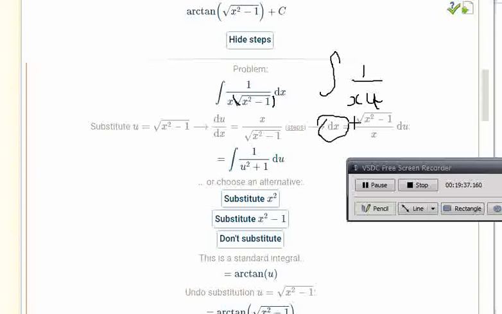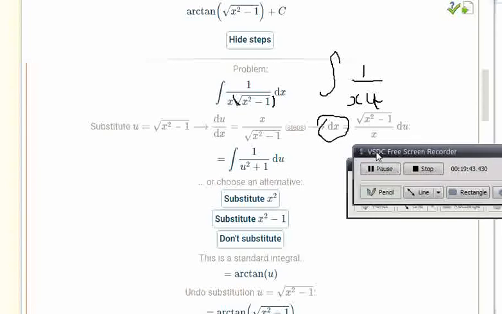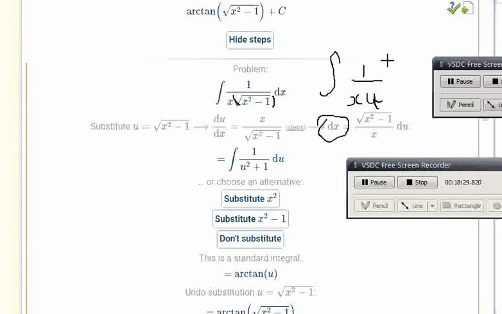Now dx can be substituted from here. Okay, so the top function is going to be u again, and the bottom thing is going to be x, right? So these two u's cancel out, and you're left with 1 divided by x squared.